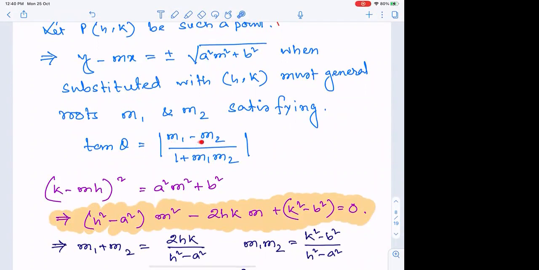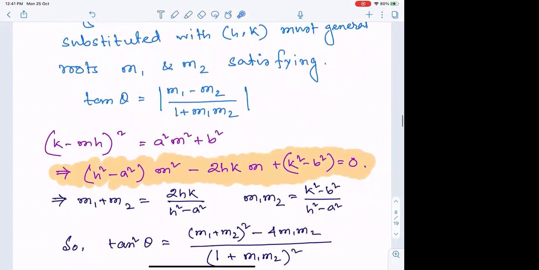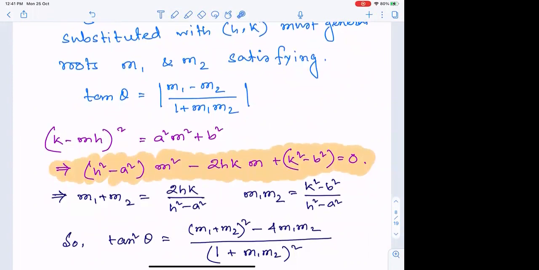We are interested in modulus of m1 minus m2 and 1 plus m1 m2. So we can go for tan square theta: instead of the square of the difference, we can replace it as the square of the sum minus 4 times the product. All this information is there right from the quadratic association.